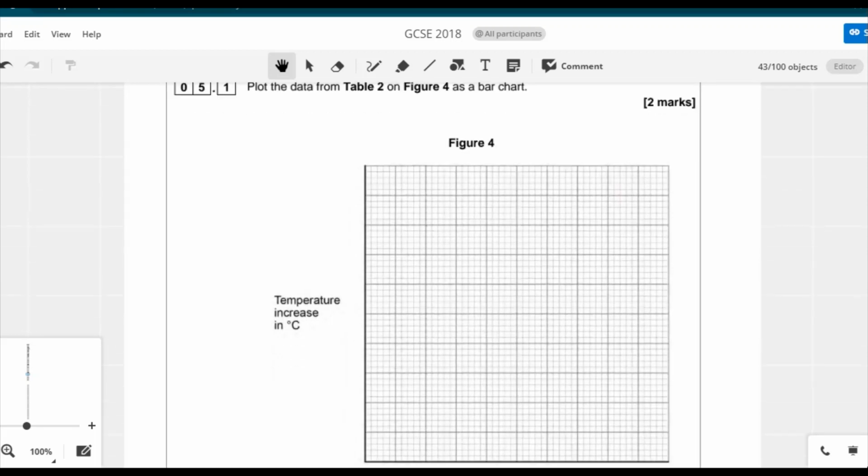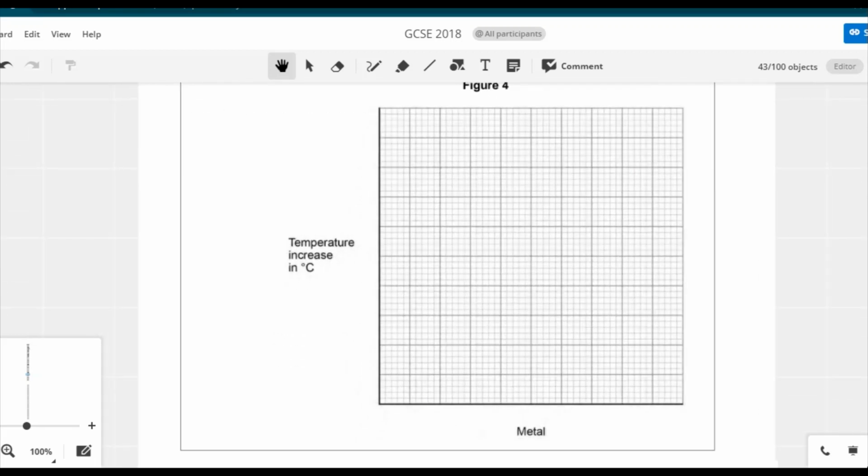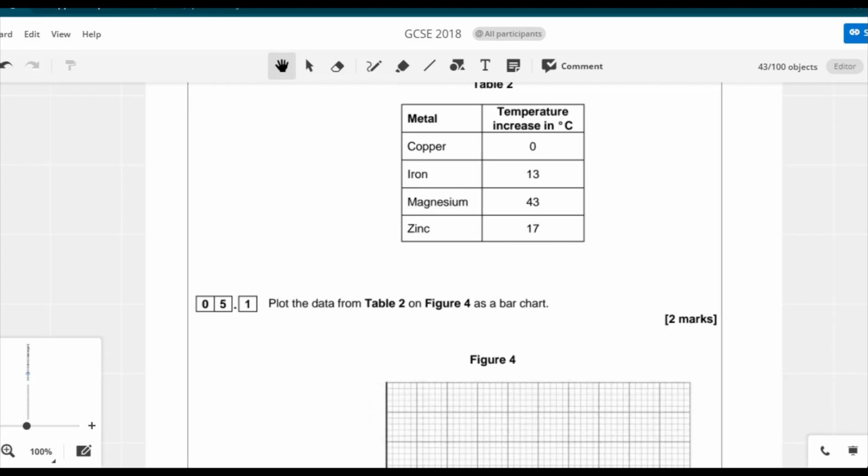First of all, the metals are along the x-axis, while the temperature increase in degrees Celsius is along the y-axis. The temperature range starts from 0 to 43.